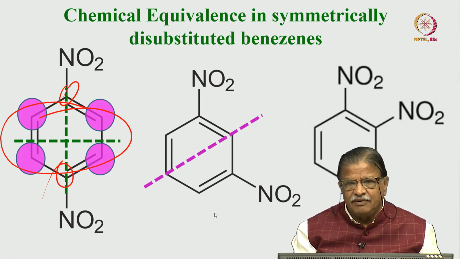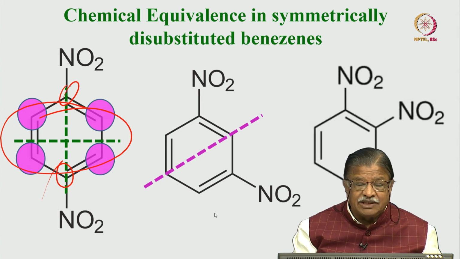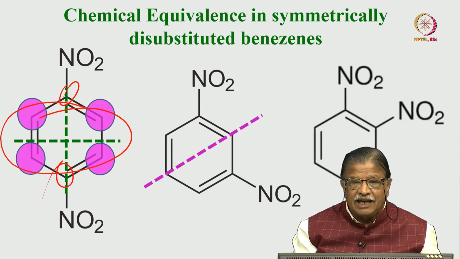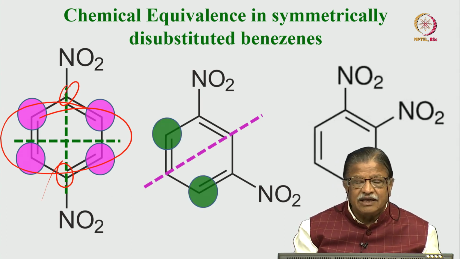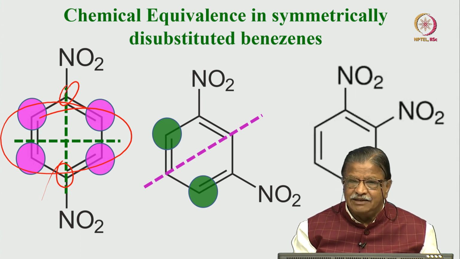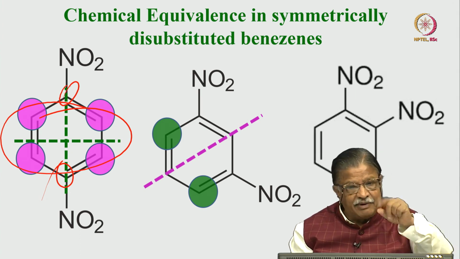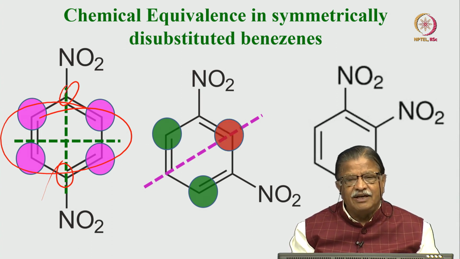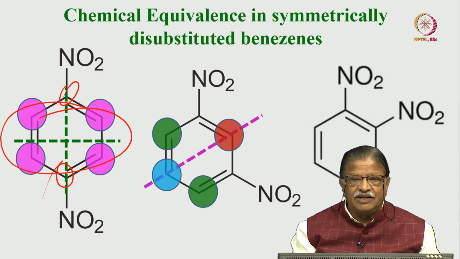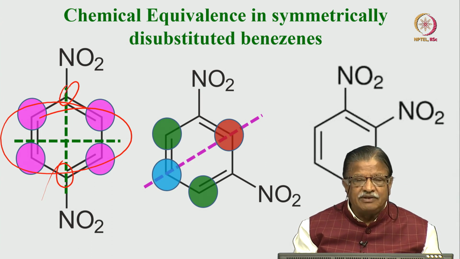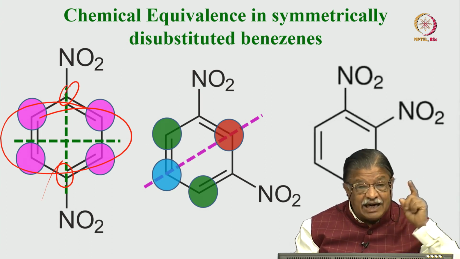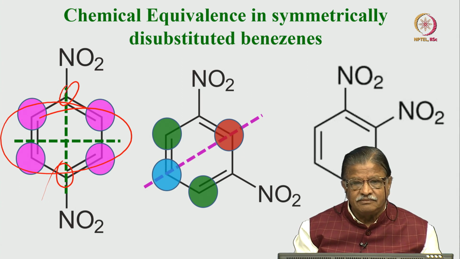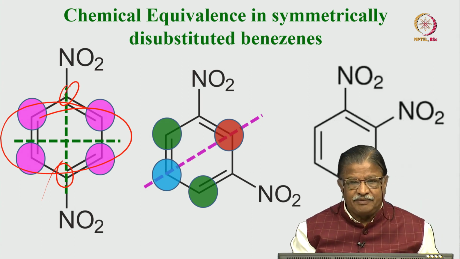Meta disubstituted symmetrically: this is the symmetry axis, these 2 protons are identical because of symmetry, they are chemically equivalent; this is different, this is different. So, how many peaks do you get? For symmetrically meta disubstituted benzene we get 3 peaks.